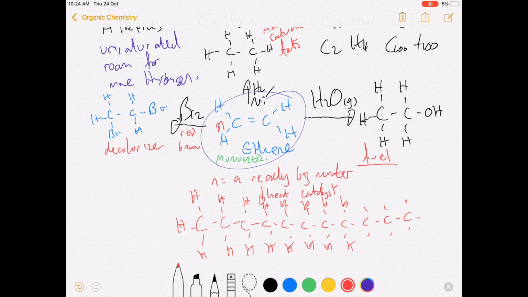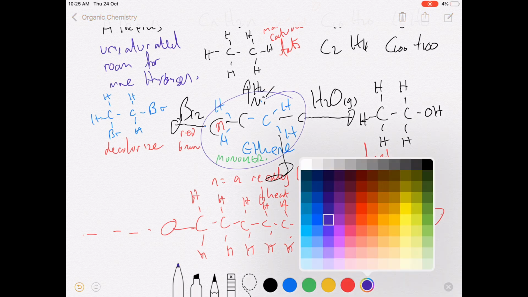The polymer formed is going to go off into space, probably in both directions, for n number of repeat units. Okay, so this bond here is going to break, it's going to be lost, it's going to bond with a neighbouring monomer, and it's going to extend into space, which is what we've made here.